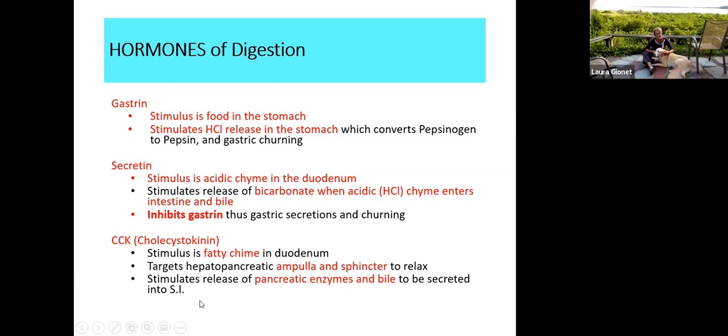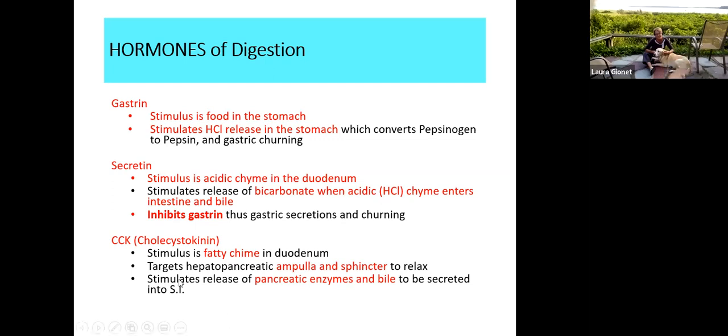The primary stimulus is fat and even amino acids, some of the proteins that are in the chyme, and that should be chyme, not chime, that's entering into the duodenum. So now we're going, okay, we need to get some bile and pancreatic juices really flowing into the small intestine, because we need to emulsify the fats and start enzymatically breaking them down, and the proteins and other things that are with it.